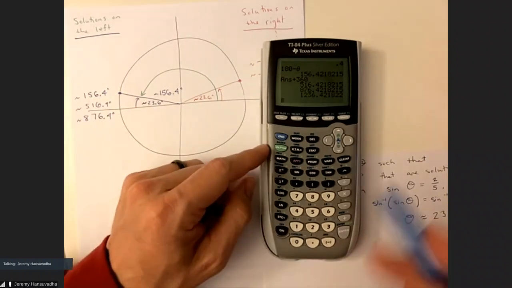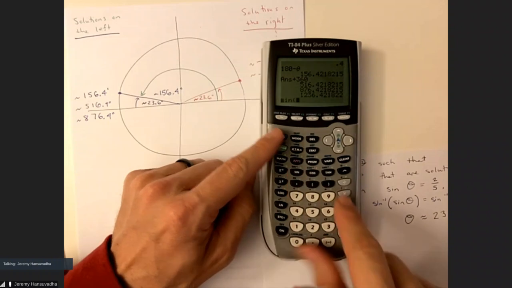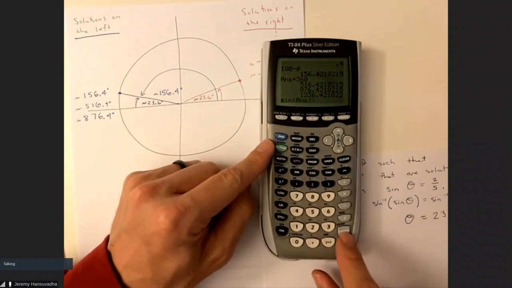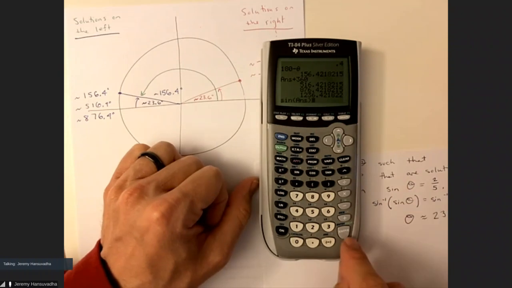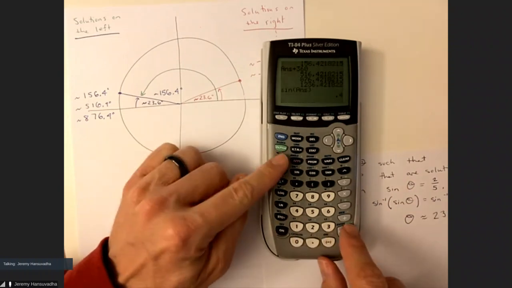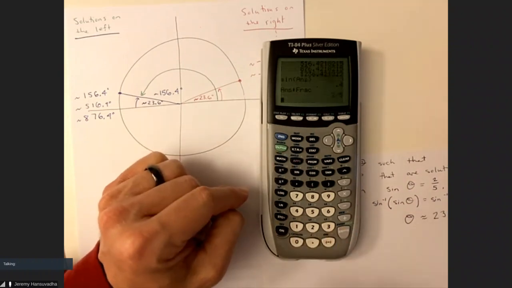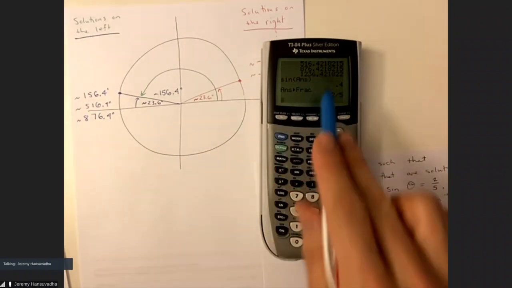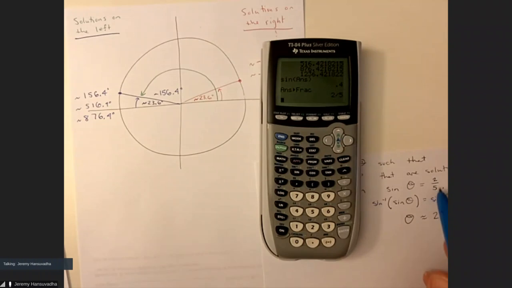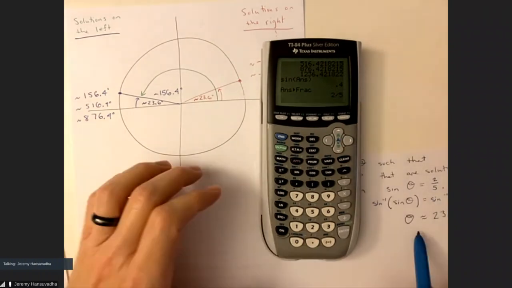I'll just check the last one. The sine of that answer, I'm hoping that it's 0.4 because 0.4 is the ratio of 2 to 5. Boom. Yep, the ratio of 2 to 5. So when I do the sine of this 1236.4, it has the same ratio as our principal value.